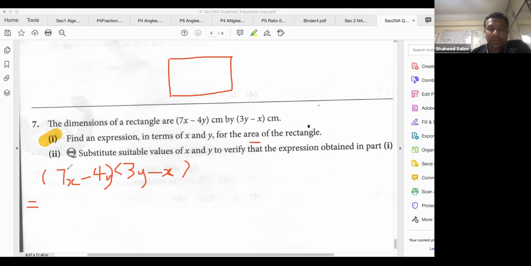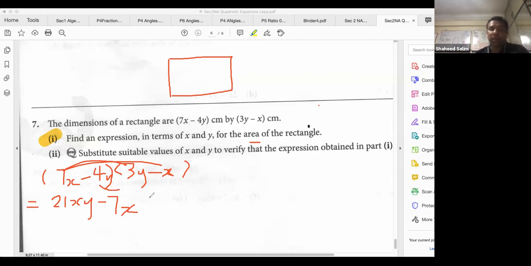Okay, here we go. Now with times. Inshira, you help me. 7 times 3, 21xy. Next one, 7 times x, minus 7x. Oh, now Shafi has changed his answer already. Okay, so these two are already multiplied.